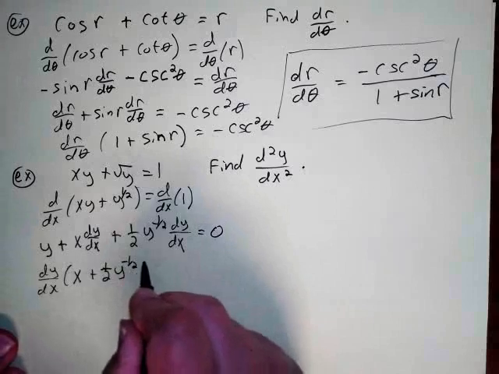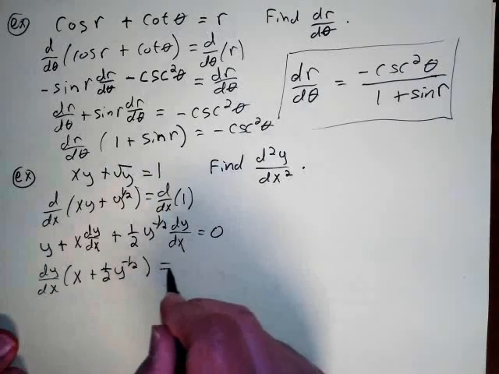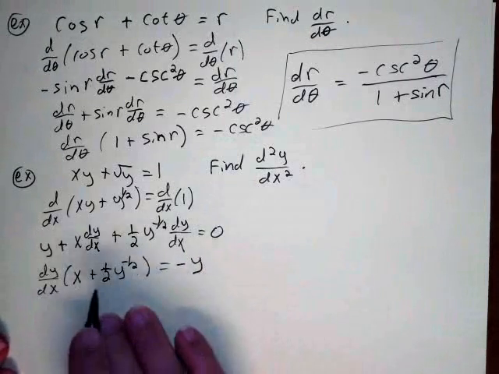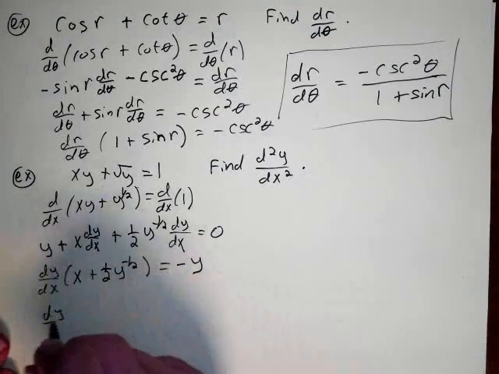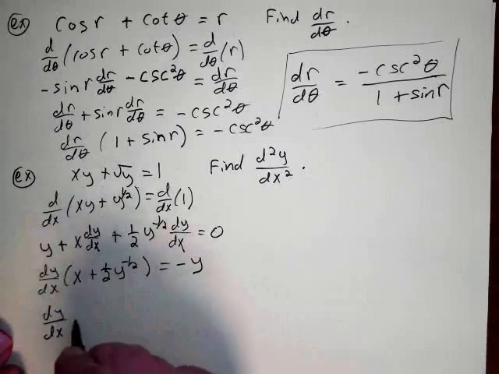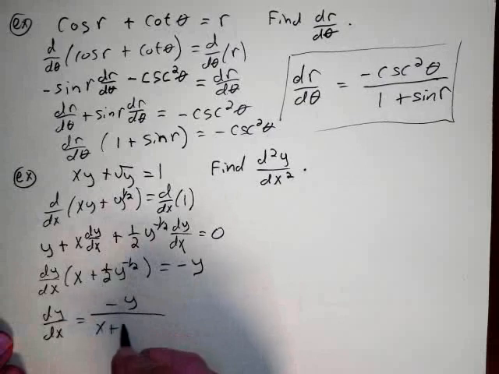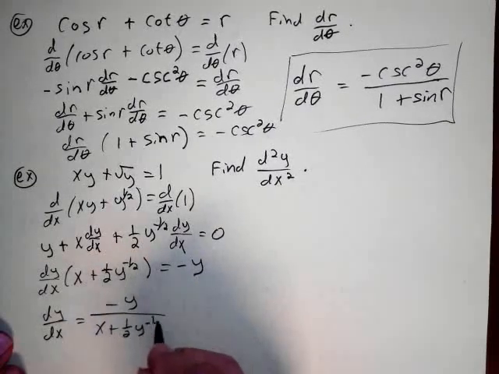So it looks like that. And then I'm moving that y to the other side, so that's just negative y. So it would look like this, and then I divide both sides. dy/dx is equal to the opposite of y over x plus 1/2 y to the negative 1/2.